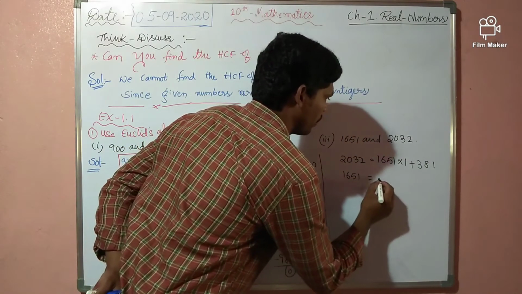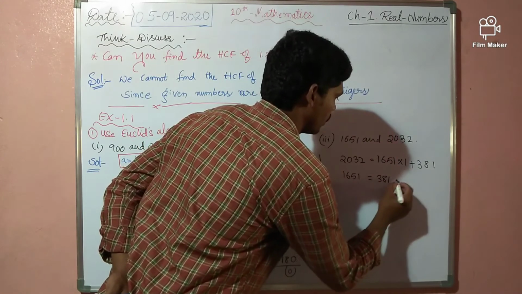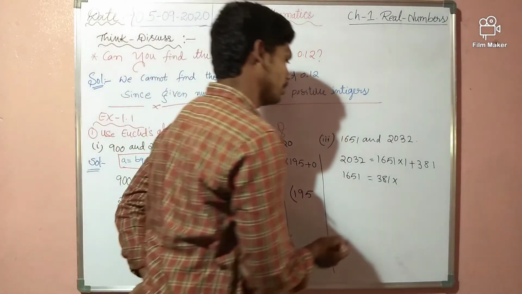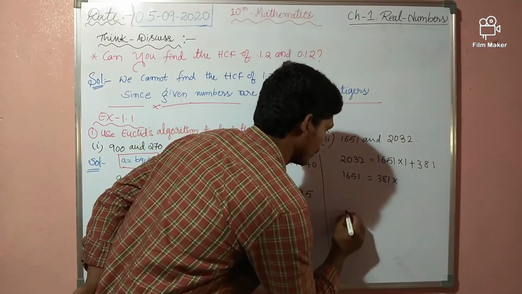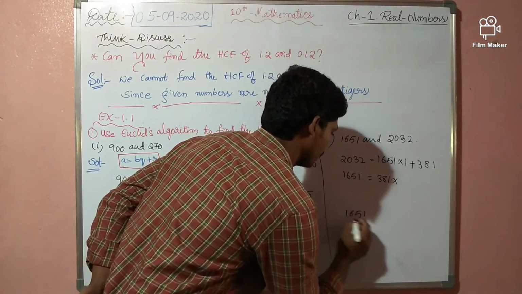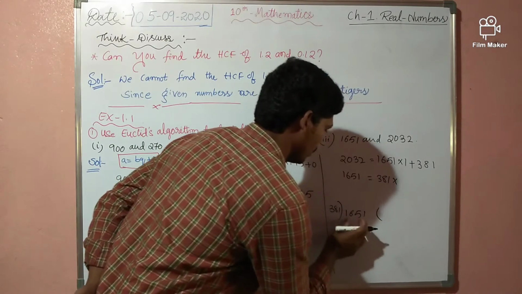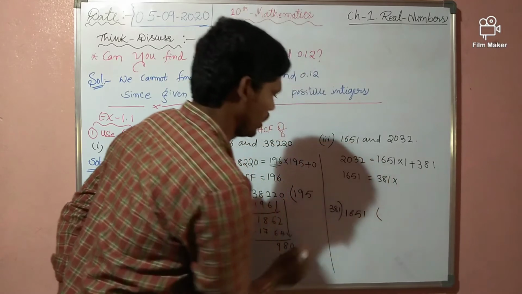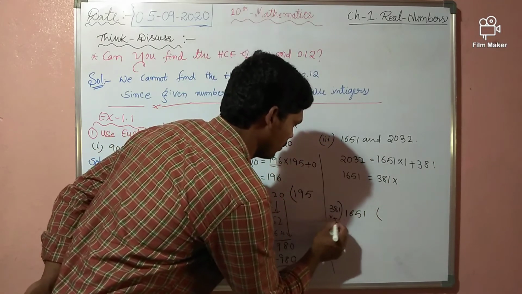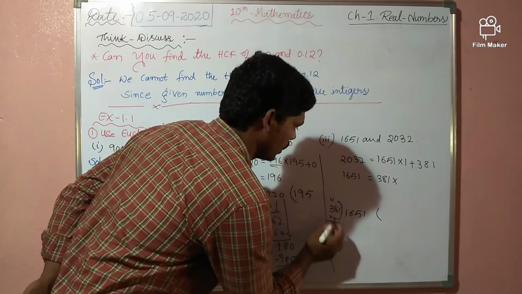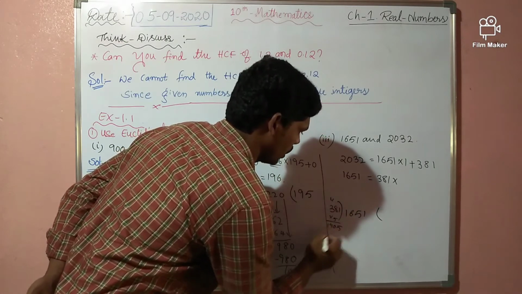Now the division: 1651 divided by 381. How many times does it go? Here also you can do that division. 381, how many times? Mostly we check 5 times. 5 ones are 5, 5 8s are 40, 5 3s are 15, 15 plus 4 is 19, not 5.